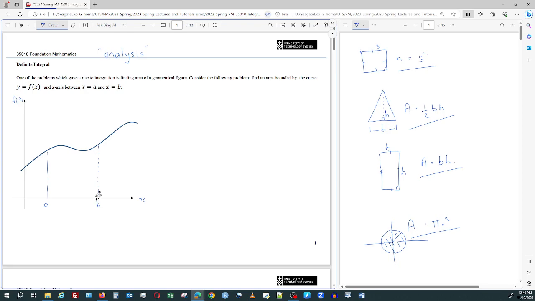How might we go about estimating the area under this curve? That's an unusual geometry. One of the sides is very irregular, and so as an irregular geometrical figure, we have a little problem. So how would we go about doing that?